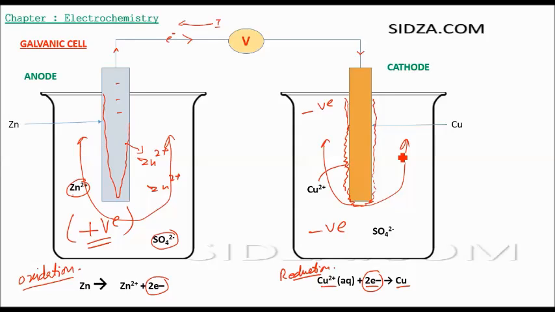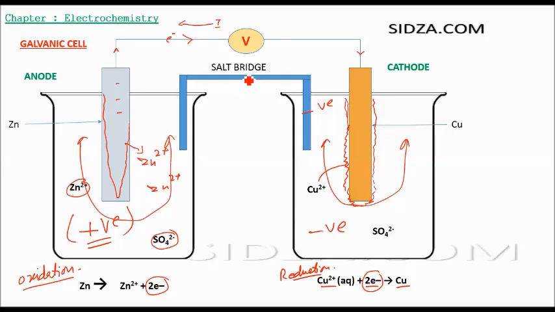That means we need to neutralize the positive charge that is developed in the anode and the negative charge that gets developed in the cathode. And for that purpose, we use a salt bridge, okay? We use the salt bridge.